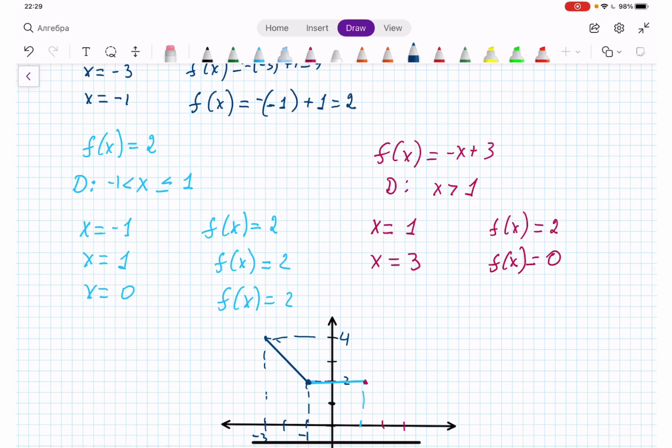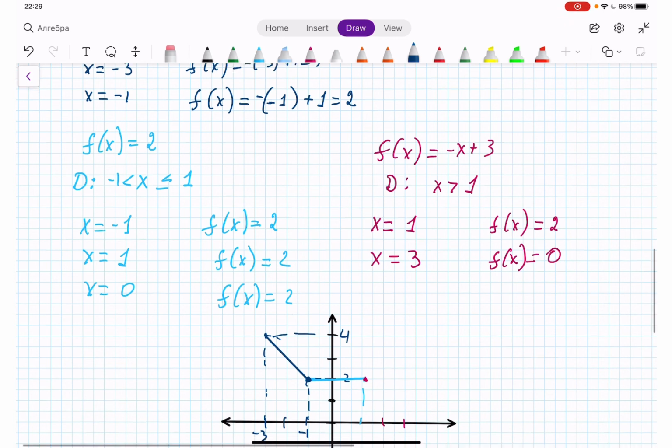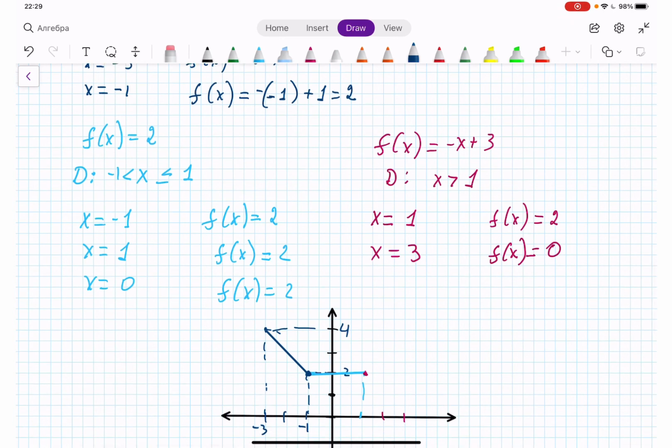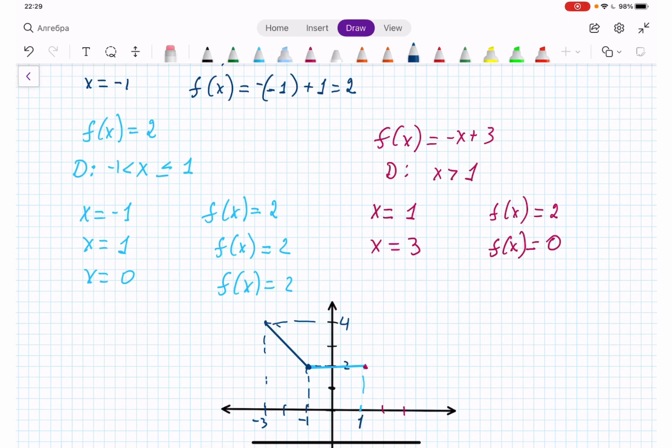But in this case, here is what is interesting. This positive 1, for the function 2, is covered by the equal sign, see? So it's a full circle, right?